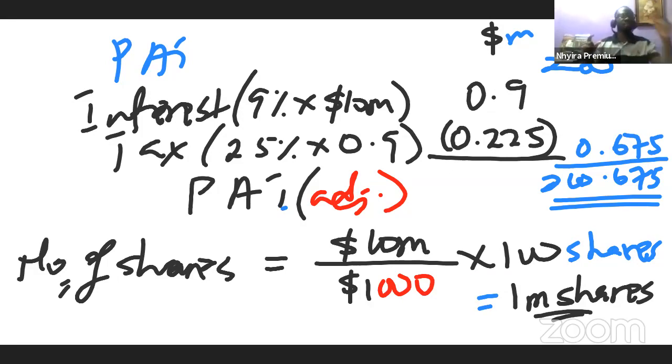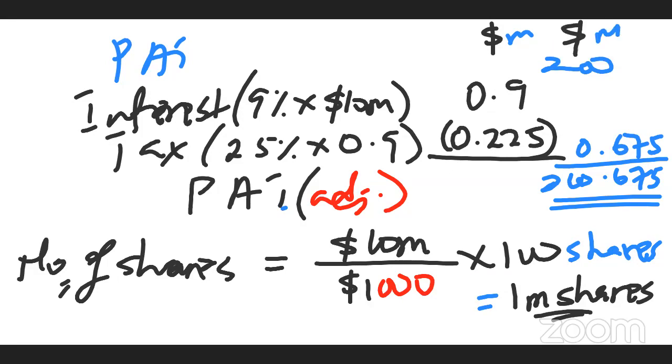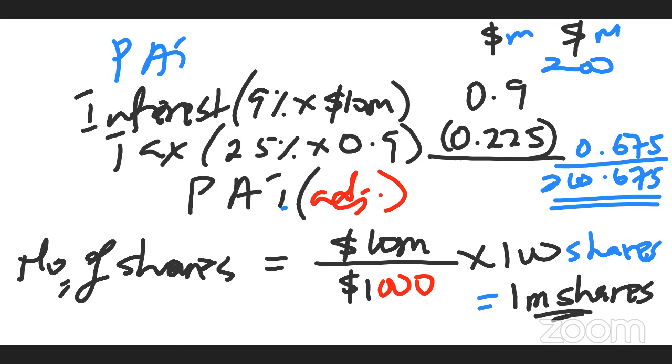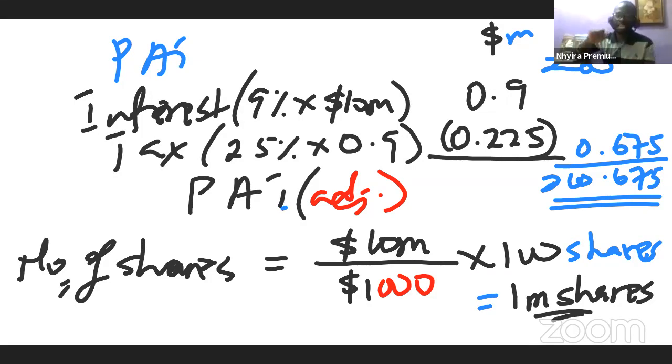So if we have 10 million, how many shares will we get? So that's the idea. So 10 over 1,000 times the 100. That's right. So the 100 are 100 shares and not 100 currency. Yes, 100 shares, not like currency. Because that is what is helping us to get the 1 million shares.